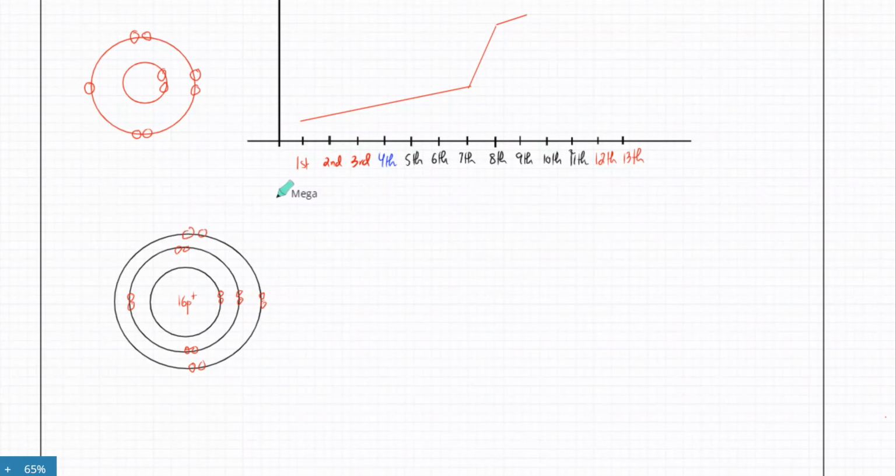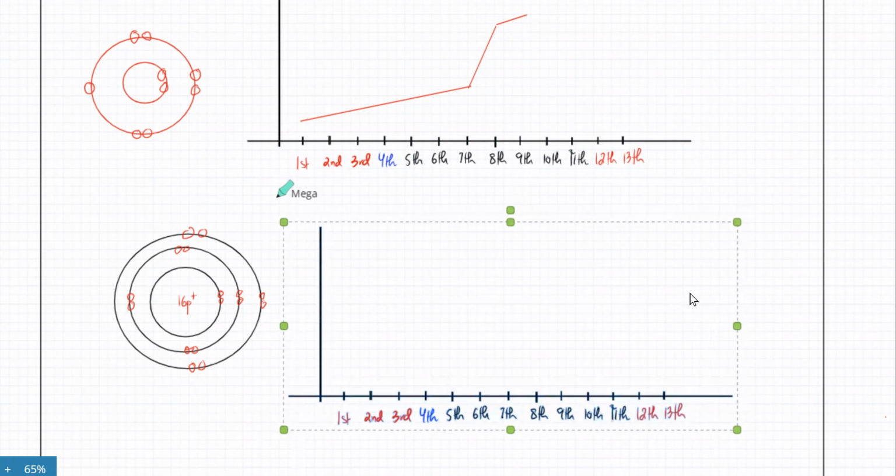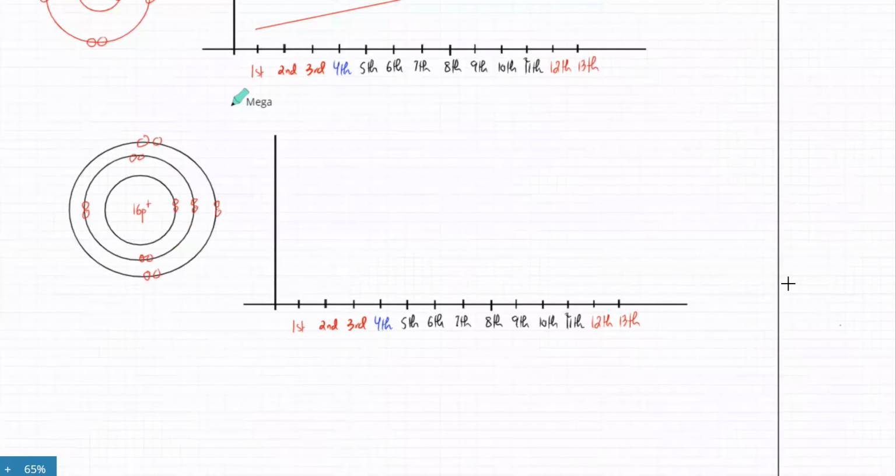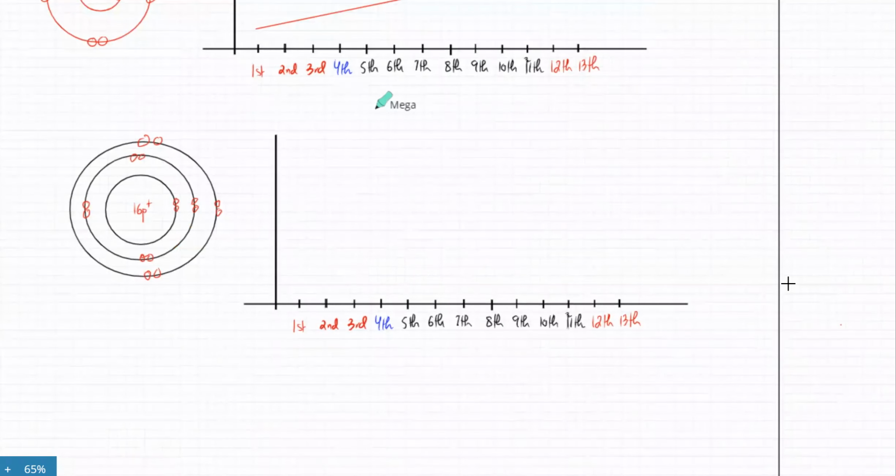So how would the graph, if you were to sketch the graph, how would it look like? So the graph would have a total of 16 ionization energies. So I'll just extend this a bit further because this one has 16 ionization energies. So that's 14th, and then 15th, and then there is 16th.